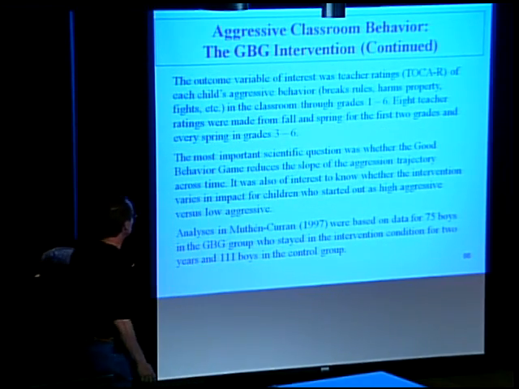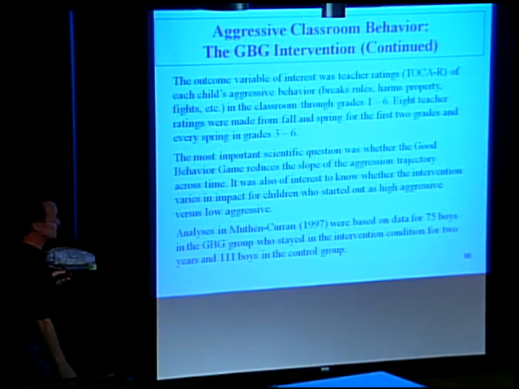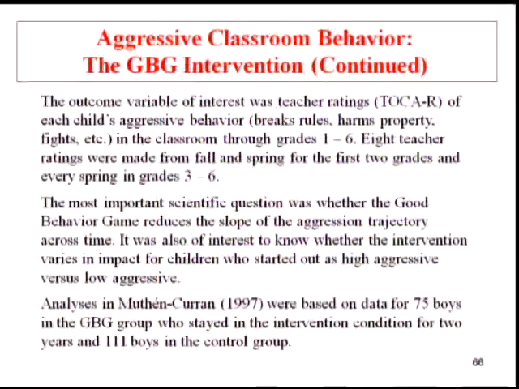The primary interest was this, what we're going to refer to as TOCA, a measurement instrument with several items having to do with child's aggressive, disruptive behavior like breaking rules, harming property, fighting in the classroom. And we're looking at grades 1 through 6. Some grades we're going to measure both fall and spring. Some grades we're only going to measure in the spring.